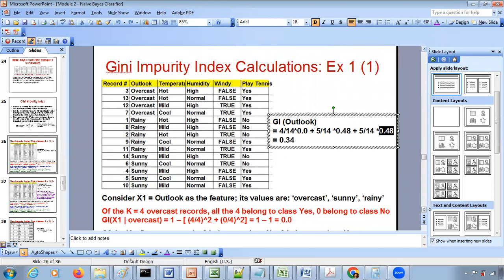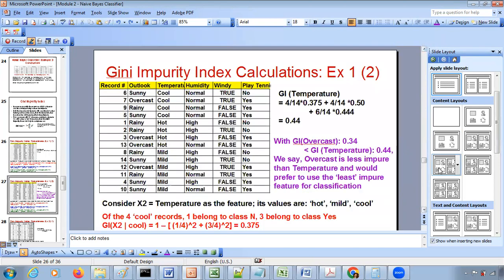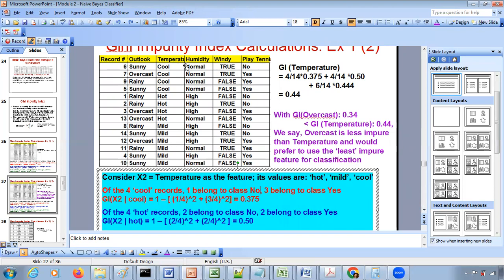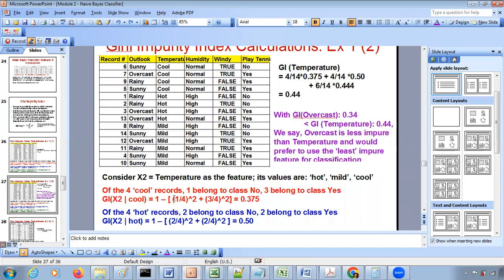Okay. All right, so let us now look at temperature as a feature of interest, and its values are cool, hot, and mild. Of the 4 cool records, we have 1 belonging to the class no, and the other 3 belong to the class yes. So it's going to be 1 over 4 for class no squared plus 3 over 4 for class yes squared.